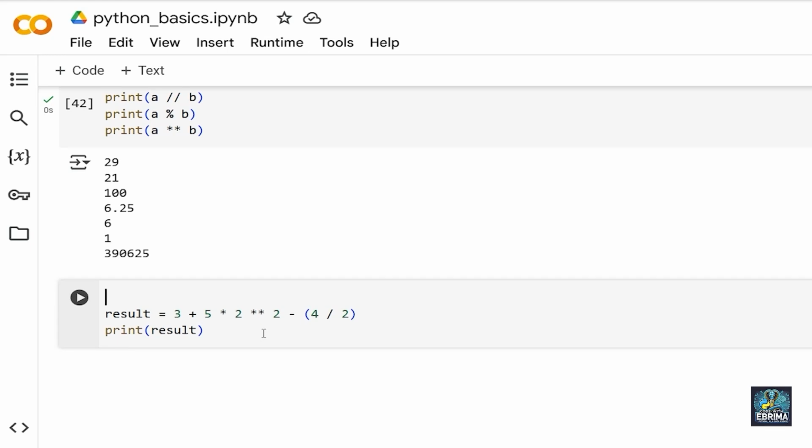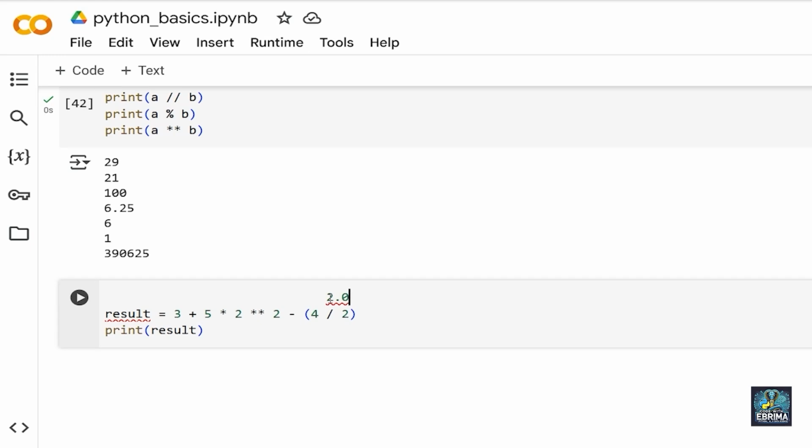What did we say is the highest? It is the parenthesis. So we have to do the operation inside the parenthesis. 4 divided by 2, remember, gives us 2, but the answer will be a float, so it's going to be 2.0.